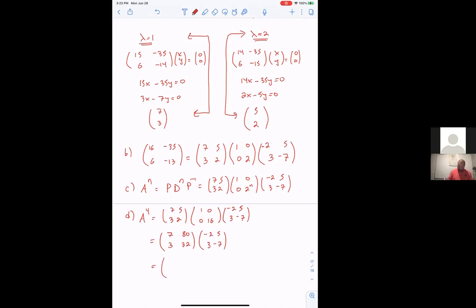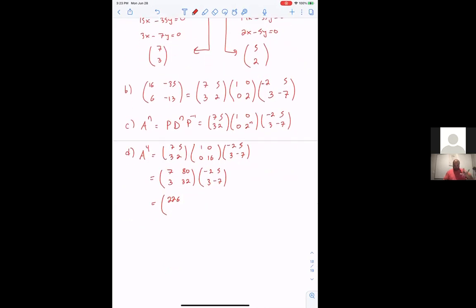And then if I multiply these, I get negative 14 plus 240, that's 226, the first one, and then 35 minus 7 times 80 is negative 525, and then negative 6 plus 96 gives me 90, and then 15 minus 7 times 32 gives me negative 209.